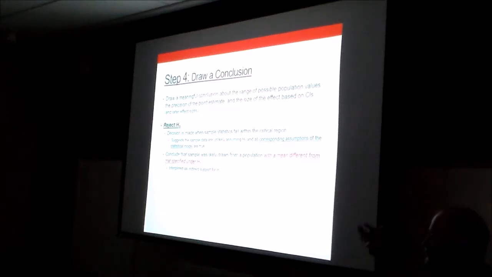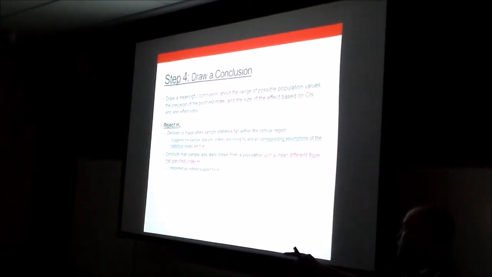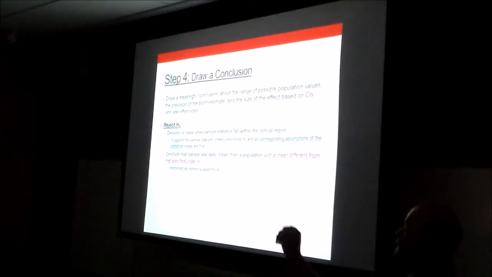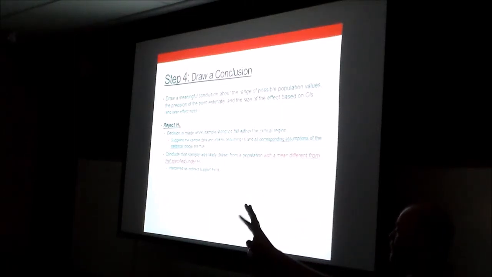Our confidence interval tells us the range of values we expect that mean to be, based on our data, right? But we're saying that this population, which has always been a different population, now has a different characteristic than whatever characteristics were assumed under the null hypothesis.